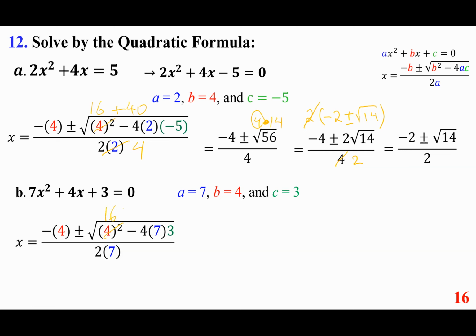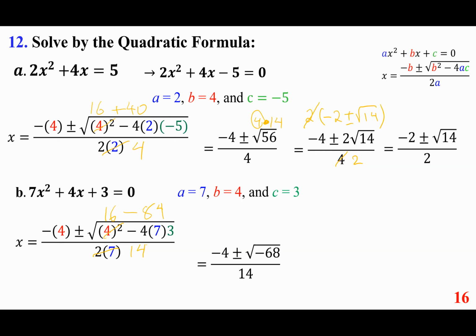16 minus 4 times 7 times 3. 3 times 7 is 21, 4 times 21 is 84, so we have a negative sign, and this is 14. 16 minus 84 is minus 68.